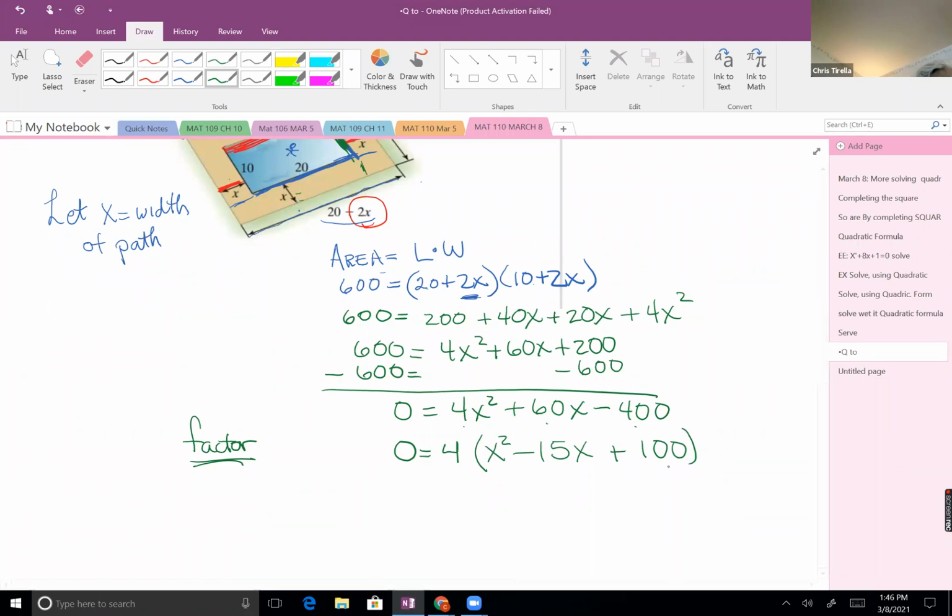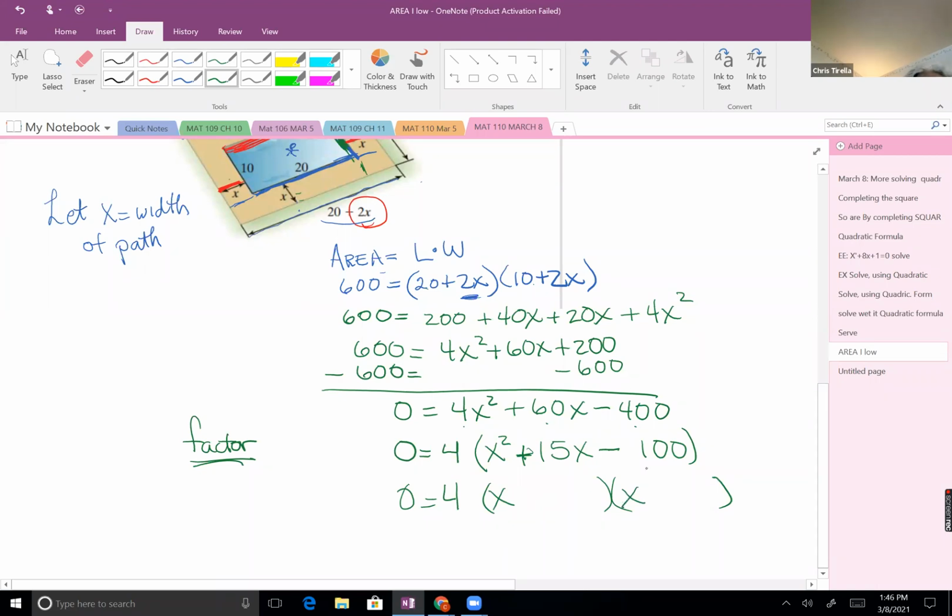I'm sorry. You guys yell at me. How about x squared plus 15x minus 100? Man, did I reverse those signs or what? To get x squared, it'll be x times x.